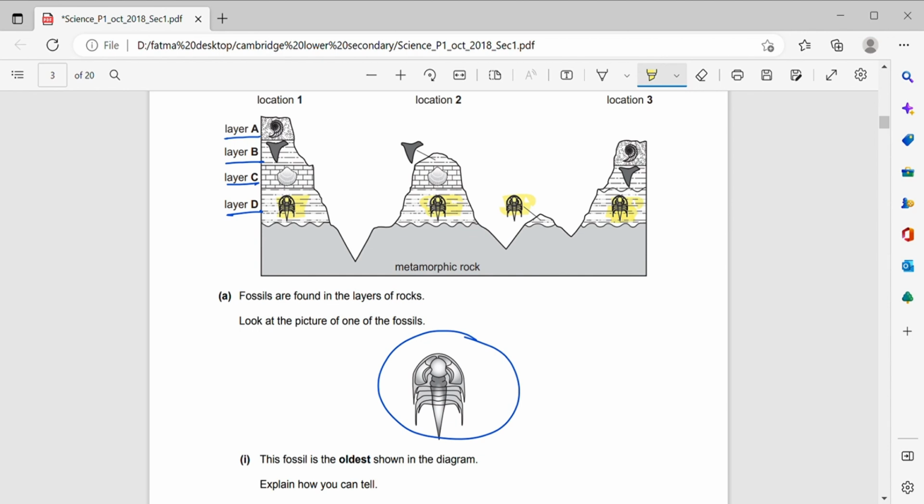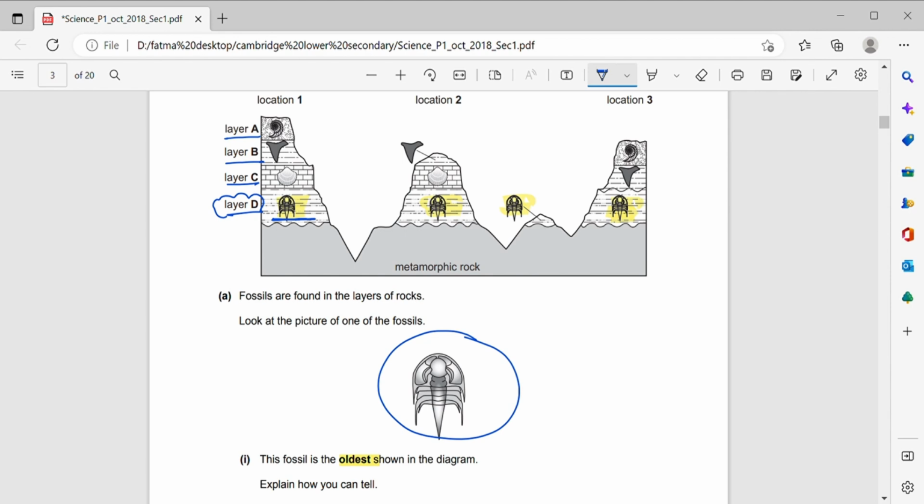Look at the picture of one of the fossils. This fossil is the oldest, shown in the diagram. Explain how you can tell. Why do you think fossil D is the oldest in layer D? If we look, we will find that it is found in the bottom layer.